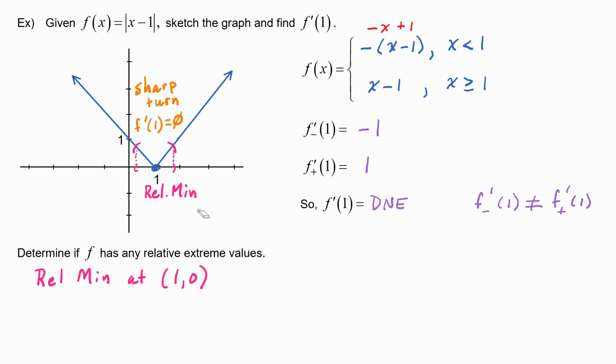We had a relative minimum at a point on the graph where the derivative did not exist. So the relative minimum at the point 1, 0 was where f prime of 1 did not exist. So for right now, we're just paying attention to what's happening at those places where we have relative minimums or relative maximums.